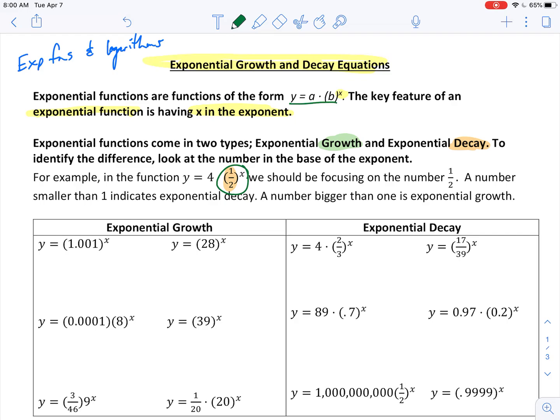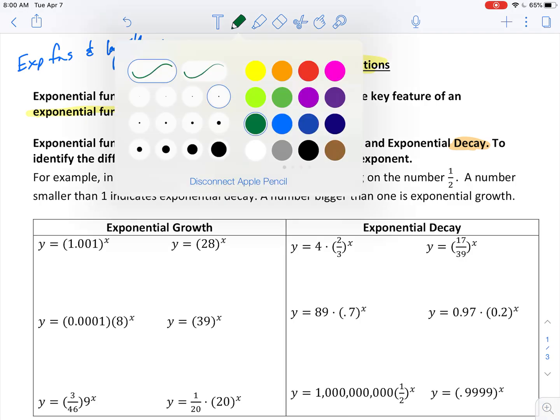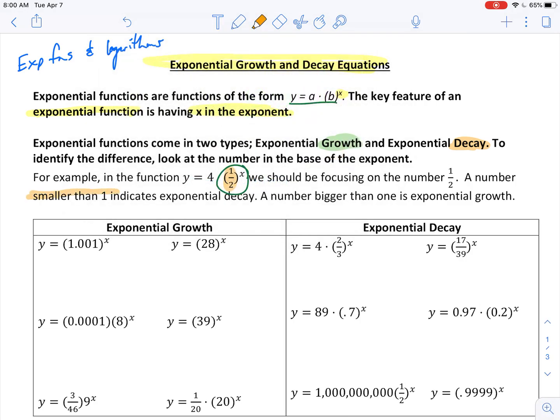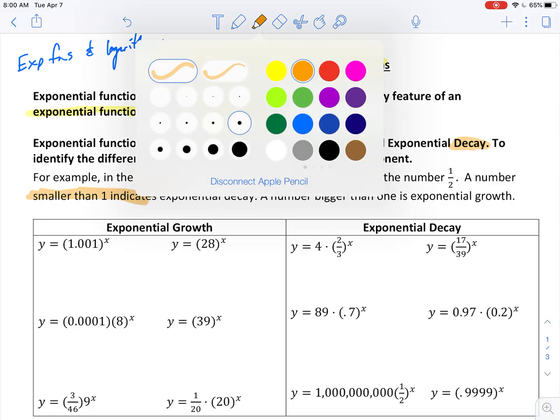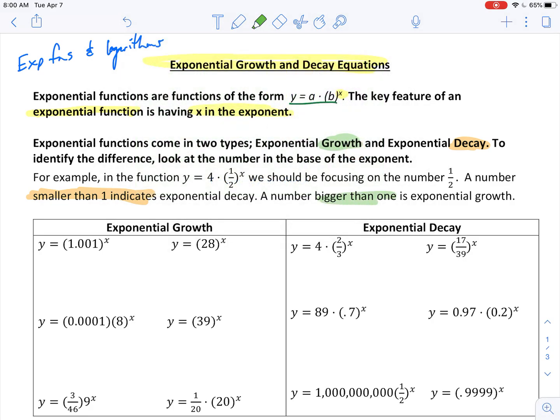So, for example here, 4 times 1/2 to the x. 1/2 to the x is that power, and I know it's exponential because x is in the exponent. And we should really be focusing on that number 1/2. So a number smaller than 1 is going to tell me that I've got exponential decay, because it's going to get smaller and smaller over time.